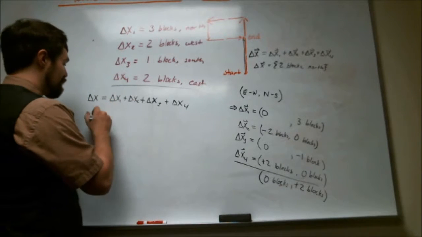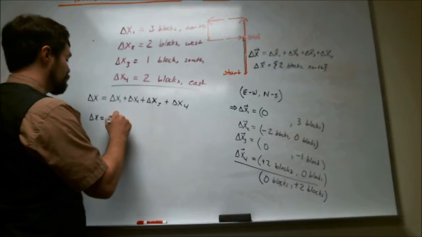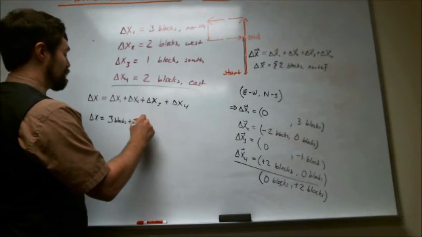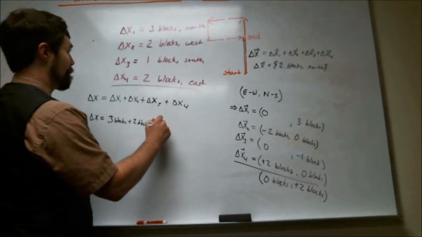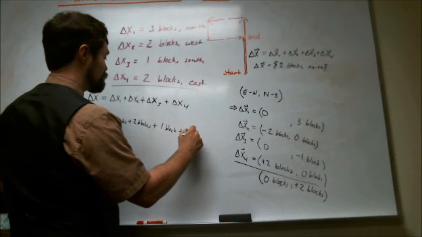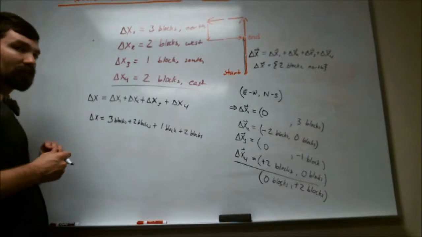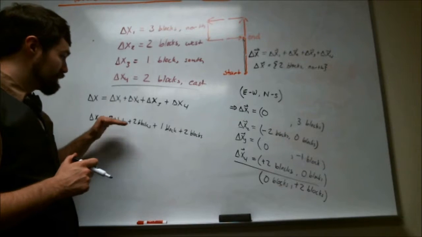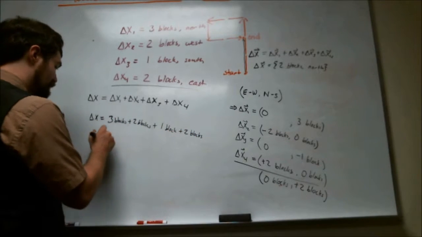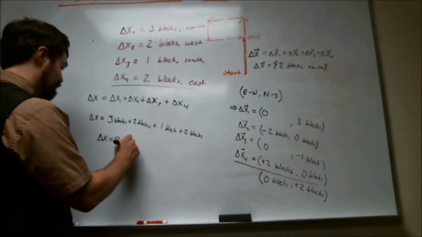And so we have total distance traveled is 3 blocks plus 2 blocks plus 1 block plus 2 blocks. Okay, so the car has driven 3 plus 2 is 5, plus 1 is 6, plus 2 is 8. So the car has driven a total distance of 8 blocks.